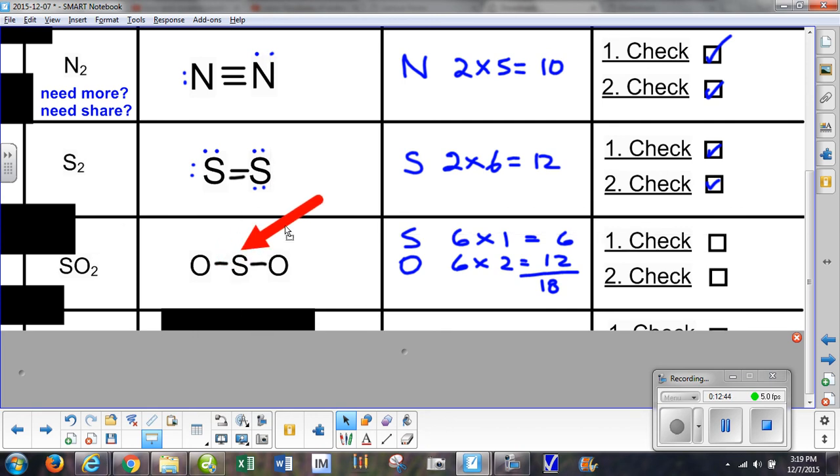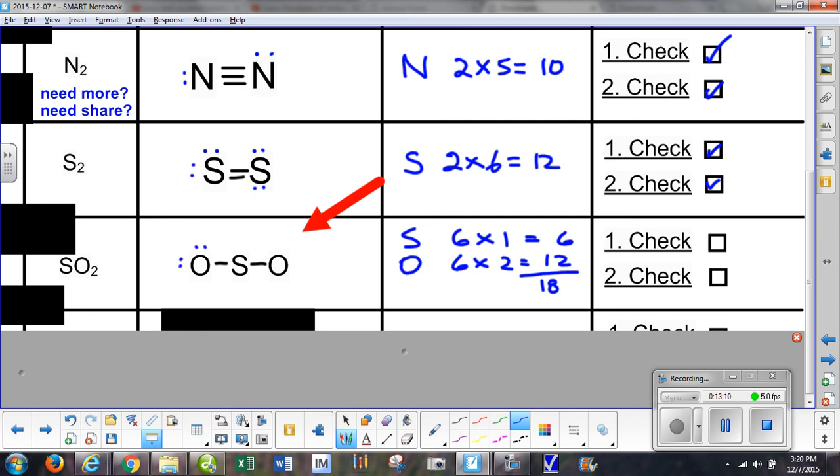So we have 2, 4, 2 for each of those bonds, and we subtract 4 from 18, which is our total number that we should have, and that gives us 14 more to put in. So here we go. I start with the atom on the left and give him enough that he'll have 8, and then I go to the sulfur in the middle, and so on. Watch how we do this.